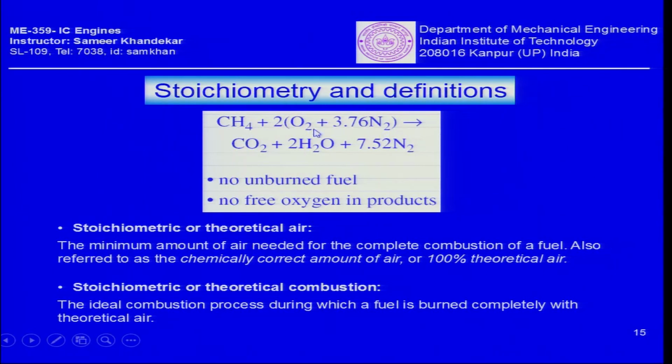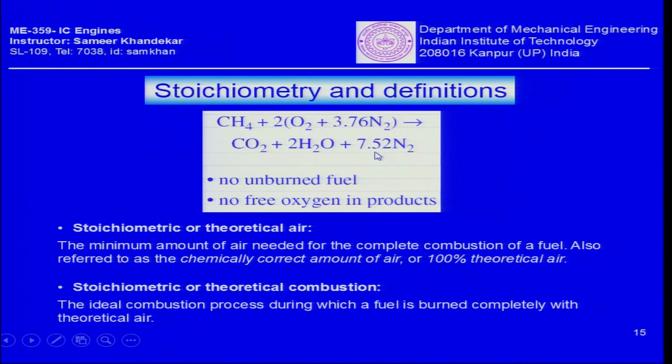So 4.76 moles of air is represented within this parenthesis, for example, and naturally the nitrogen does not react. Whatever nitrogen you have on the left hand side of the equation, you will get on the right hand side.